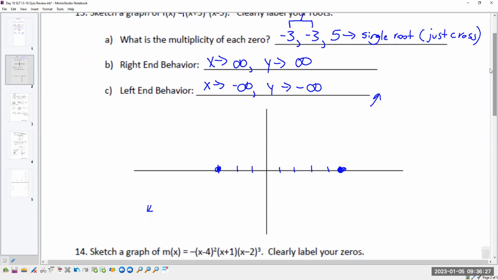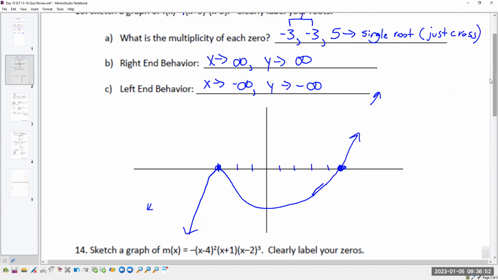So I'm going to bring my graph because it starts down here, up to -3 and make it tangent at that point. Oh, I missed. And then it just crosses at 5, nothing fancy. Oh, that's ugly. Nothing fancy.